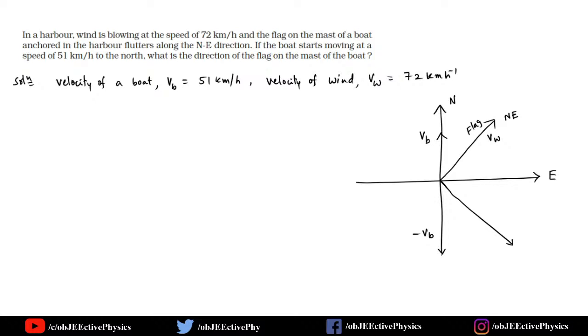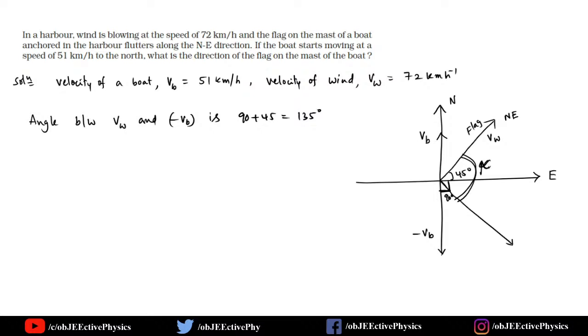So, relative velocity concept. We take the angle between VW, the wind velocity, and minus VB, which is 45 degrees to northeast. By the parallelogram law of vectors, one vector is VW and the second vector is VB.